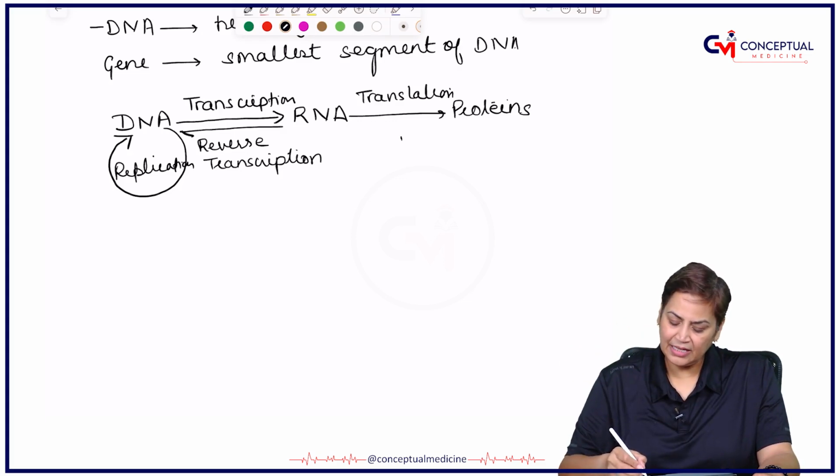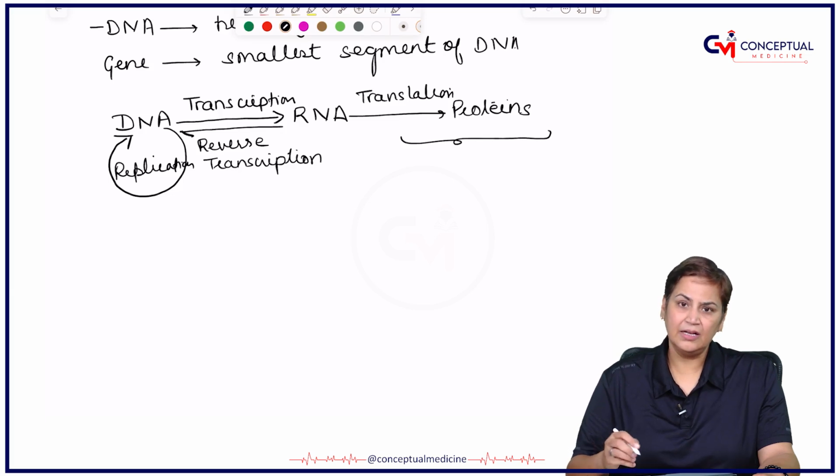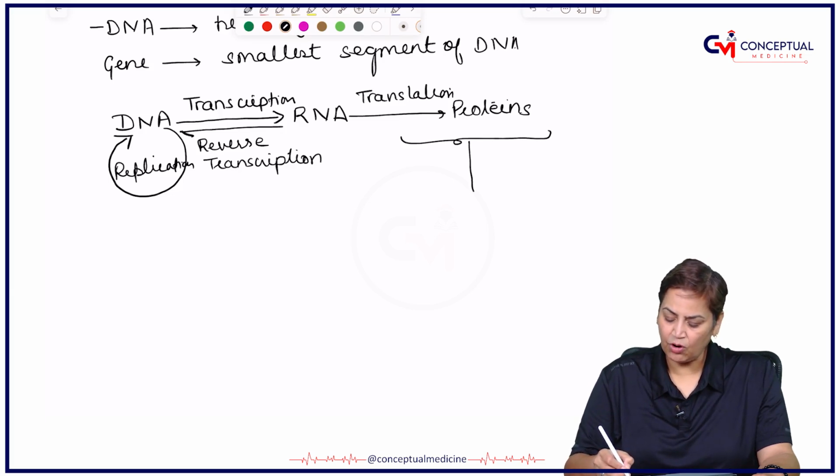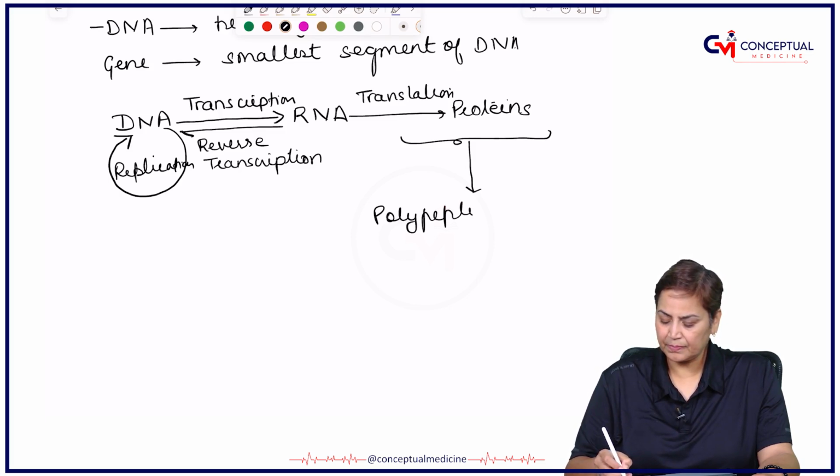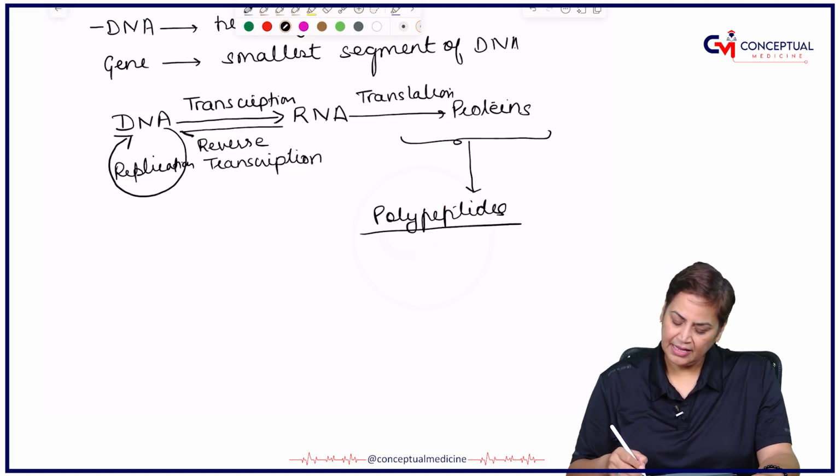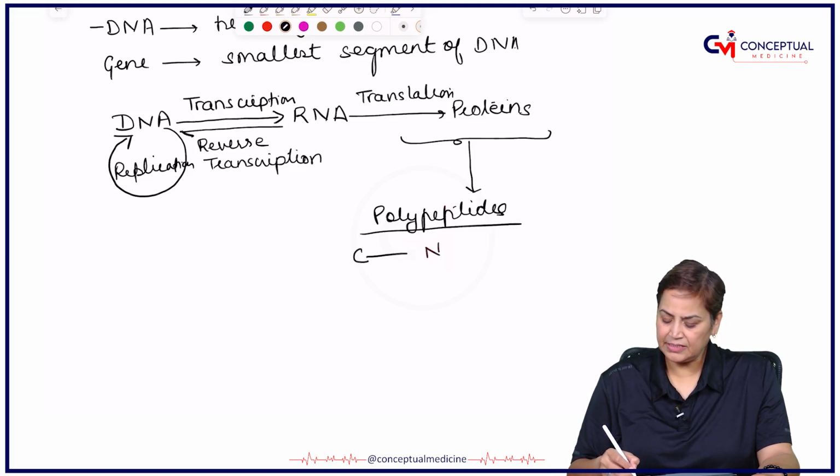So ultimately the information is transferred in the form of polypeptides, which obviously have an N-terminal and a C-terminal like this.